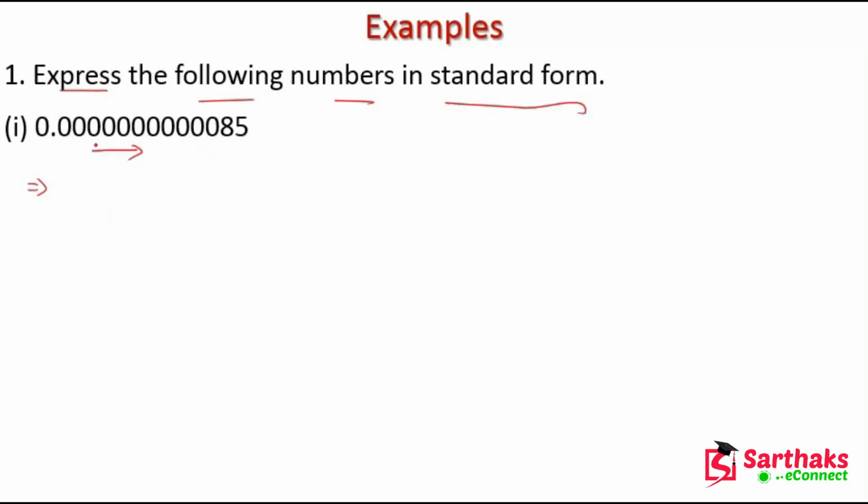Here we have 0 point, and how many zeros are there? 1, 2, 3, 4, 5, 6, 7, 8, 9, 10, 11. And here we have 8 5.